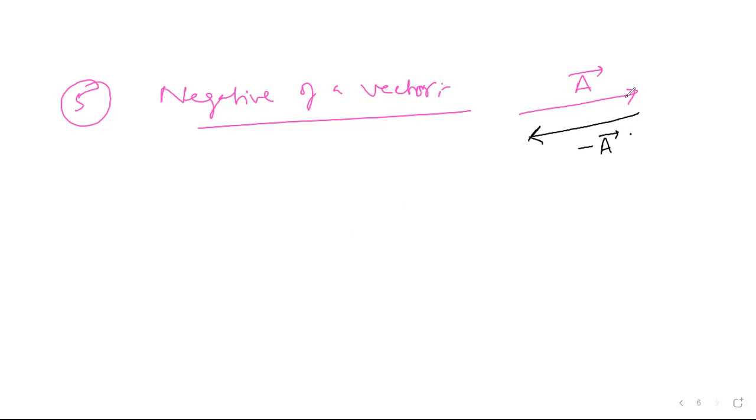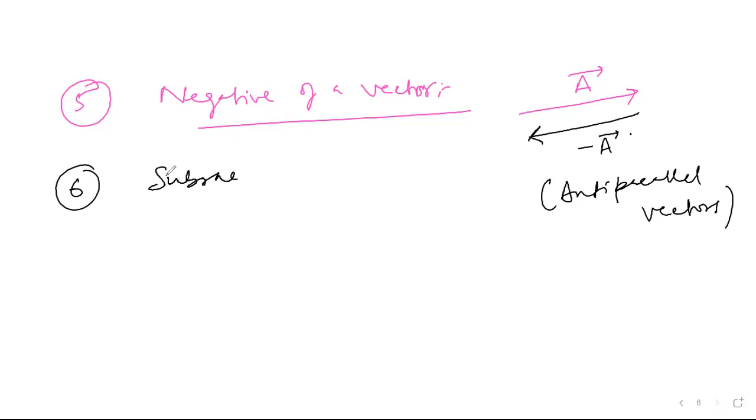So if, for example, A is force vector, it is 3 Newton due south, the negative of this vector is 3 Newton due north. So when we say some vector is negative of some other vector, that means their magnitudes are equal but they are oppositely directed. Sometimes A and minus A are called anti-parallel vectors, right?